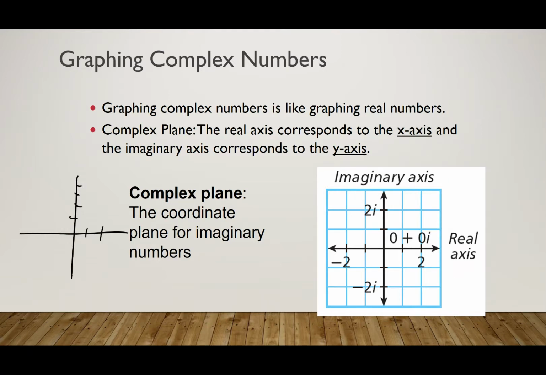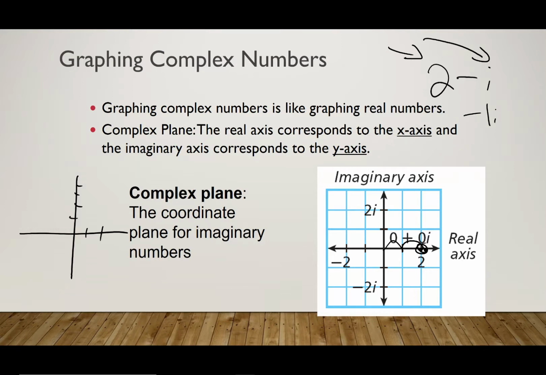So if you have a complex number, let's give an example like 2 minus i. Well, the real number here is positive 2, so on the real axis you would go over to positive 2, which is there. And then the imaginary part is negative 1i, because negative i is negative 1i.